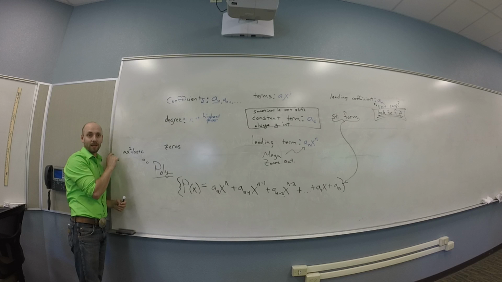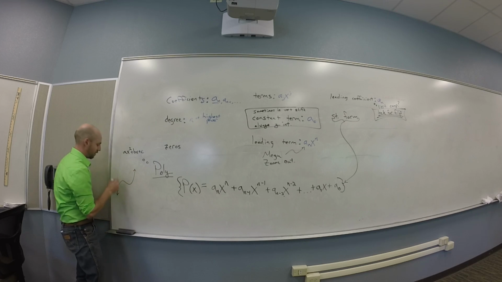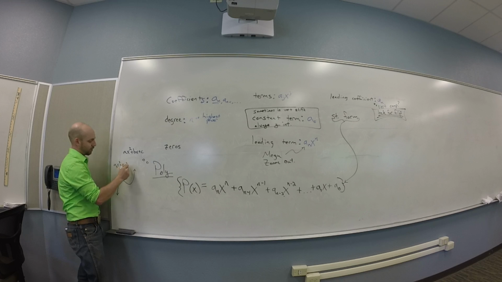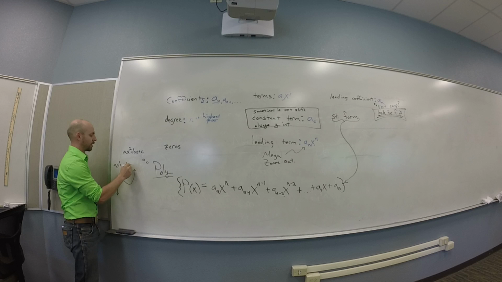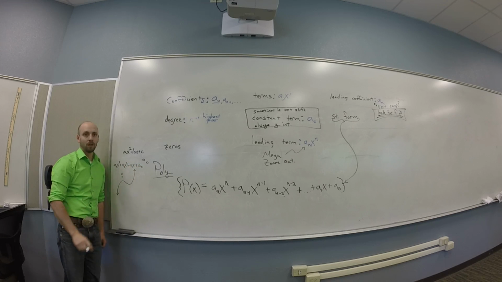If I have a cubic, cubics could look like this. You know, this is like a3x cubed plus a2x squared plus yada yada, a1x plus a0, right?